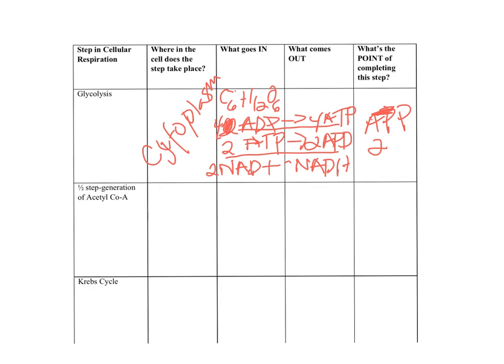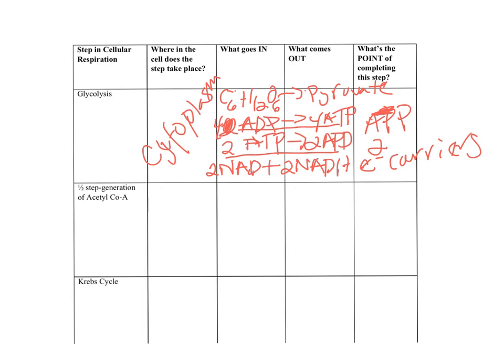I'll have to go back and look, but I'm pretty sure that was 2 NADHs. So we've got some electron carriers, right? And remember that in the end, the glucose comes out as pyruvate. So we've begun to break glucose down here. We've generated 2 ATP. We've generated some electron carriers. All in all, great. Not very impressive in terms of energy, though, right? Okay, so we've started to break the glucose down, but we really haven't got a whole lot in terms of energy.